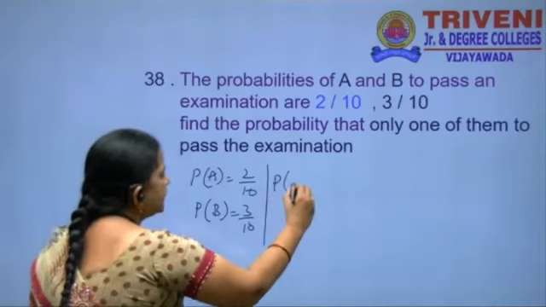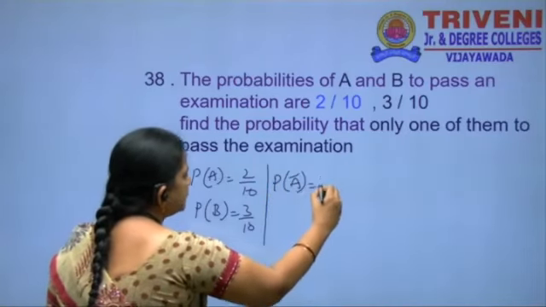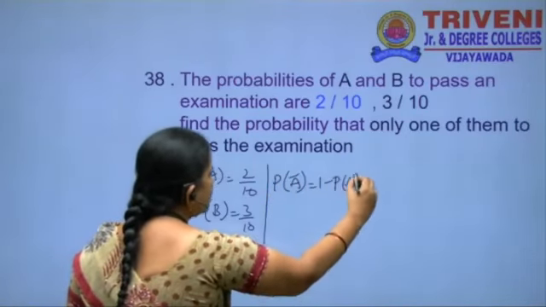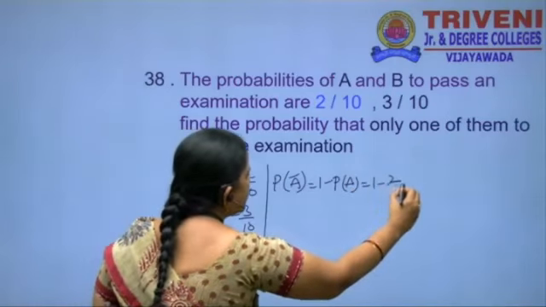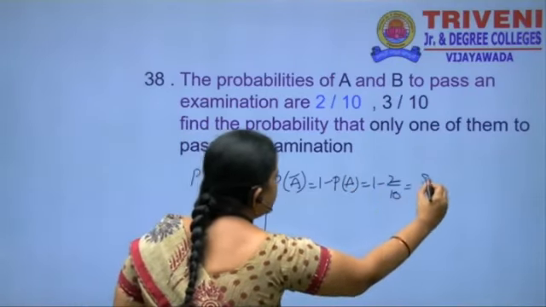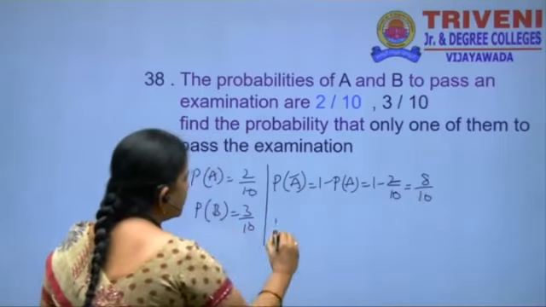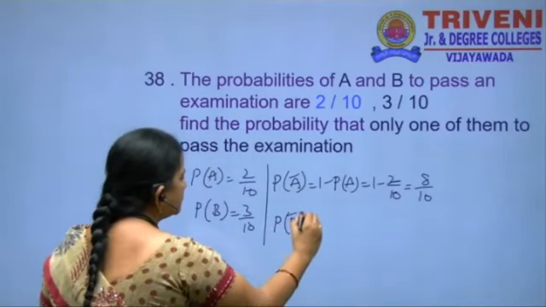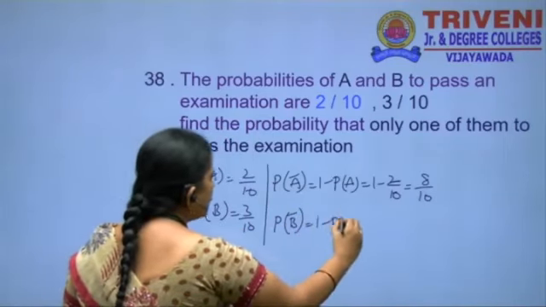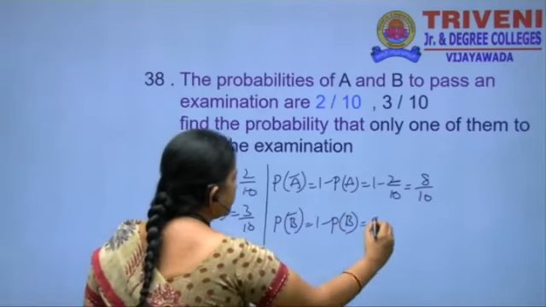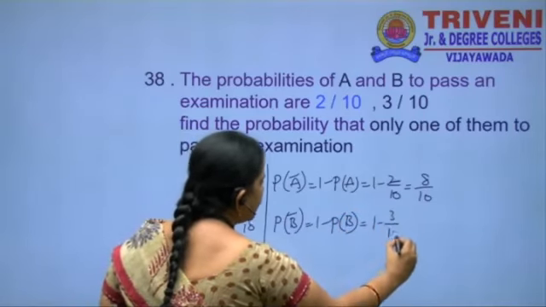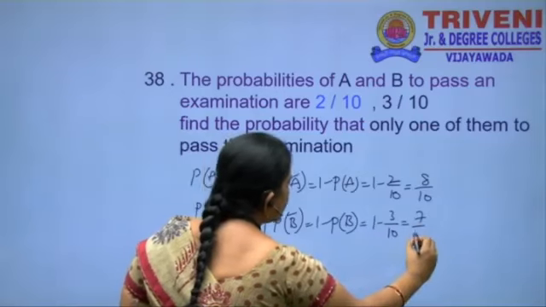Then you have to find the value of P of A bar, which is 1 minus P of A, that is 1 minus 2 by 10, equal to 8 by 10. And P of B bar is 1 minus P of B, that is 1 minus 3 by 10, equal to 7 by 10.